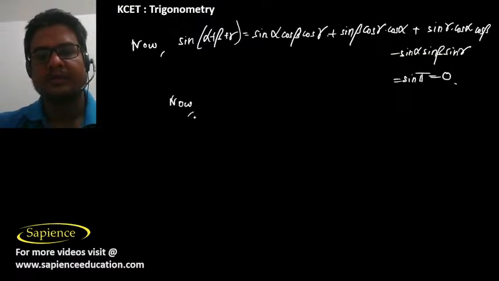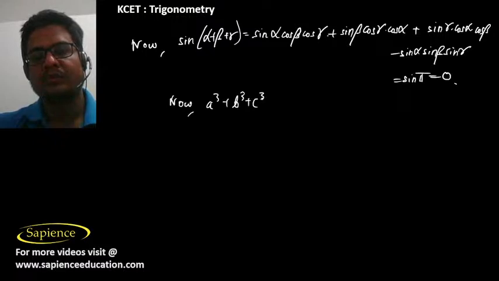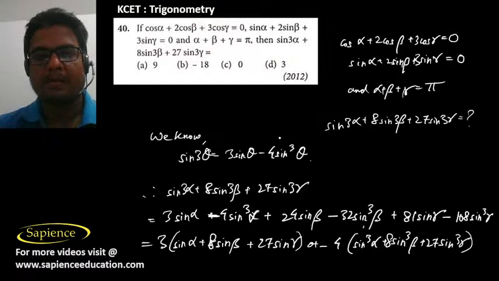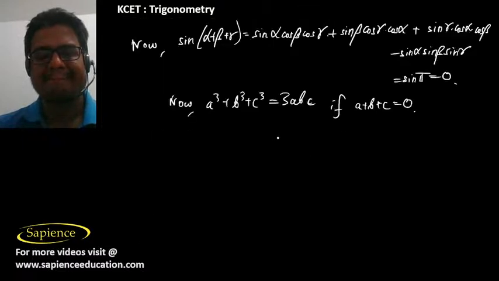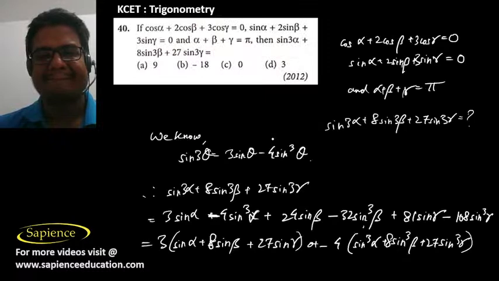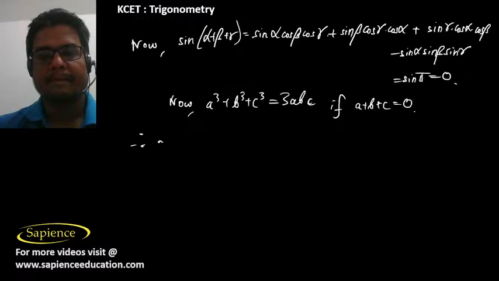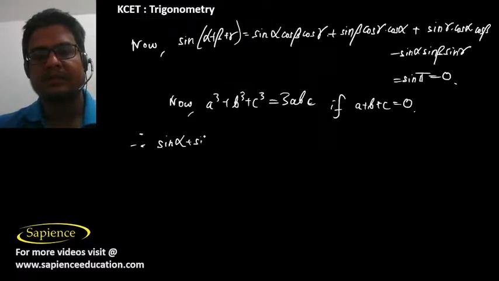So now we also know that a cube plus b cube plus c cube is equal to 3abc if a plus b plus c is equal to 0. Now it is told that sine alpha plus 2 sine beta plus 3 sine gamma is equal to 0.